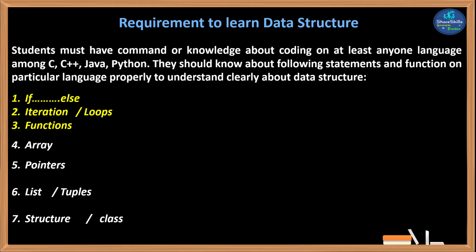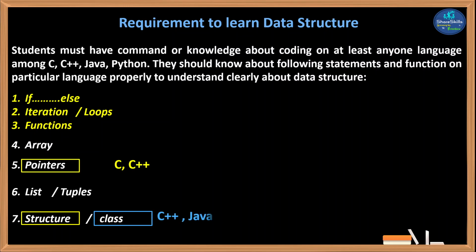Then structures and classes, if you are using a high level programming language like C, C++, or JavaScript, and especially classes, which we find in object oriented programming languages, like C++ and JavaScript.